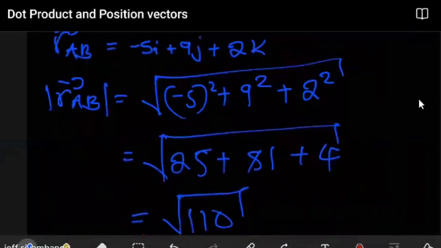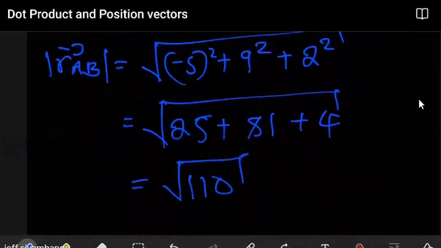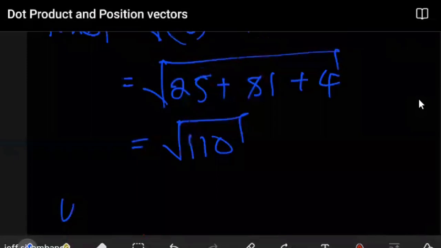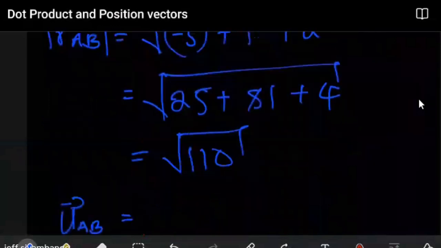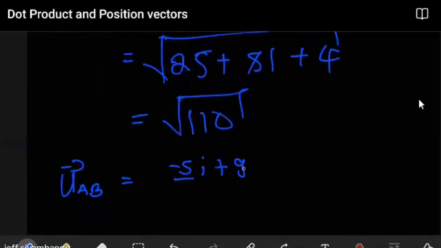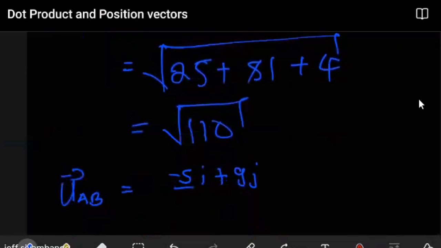So we have RAB, we have its unit vector, we have its magnitude as well. We can get the unit vector from A to B. UAB becomes equal to the vector, that's minus 5i plus 9j. Then the last one is plus 2k.